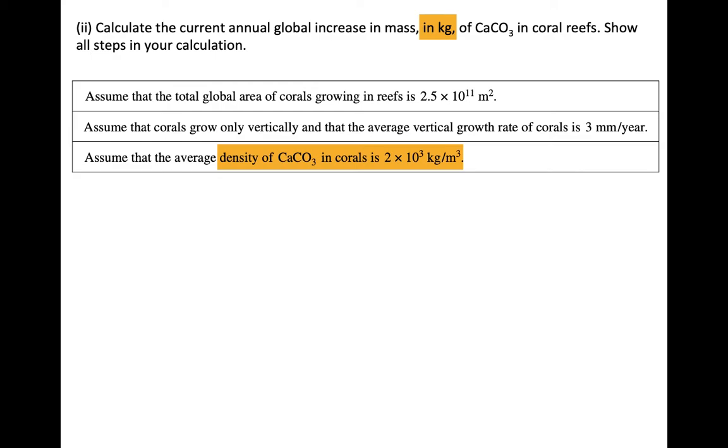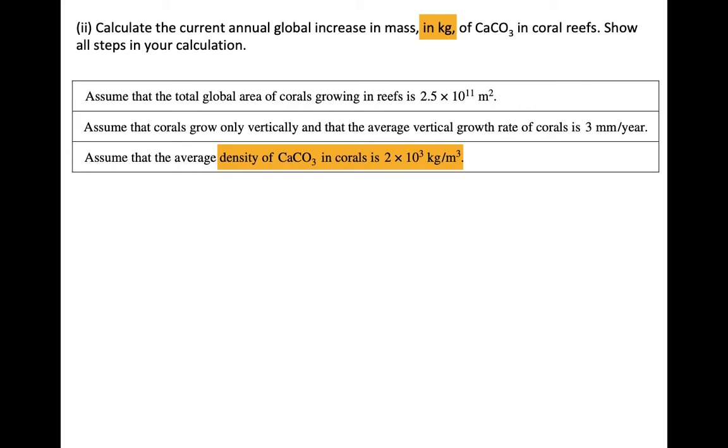We're looking for mass in kilograms. And so when I look at the 3 parts of the table, I want to focus on the thing that has that unit, and it's the density, right? Assume the average density of CaCO3 in corals is 2 times 10 to the third kilograms per cubic meter.